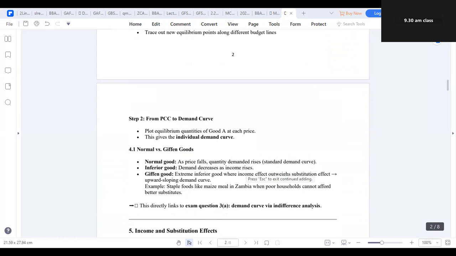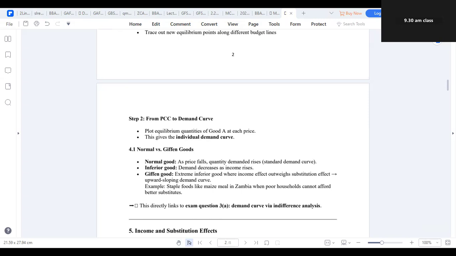We are dealing with normal goods here, goods that we consume on a daily basis. So consumer equilibrium occurs when the budget line is kissing the indifference curve.